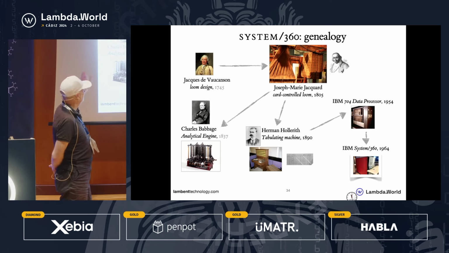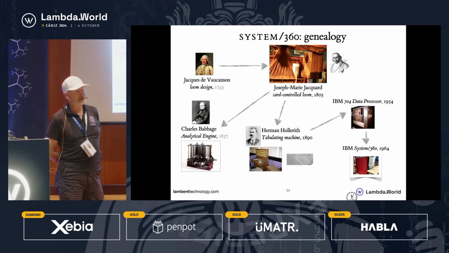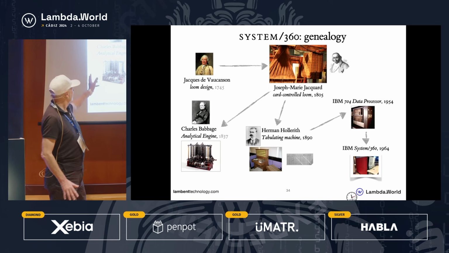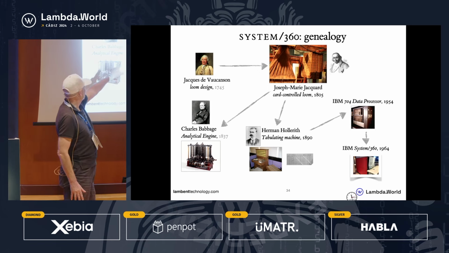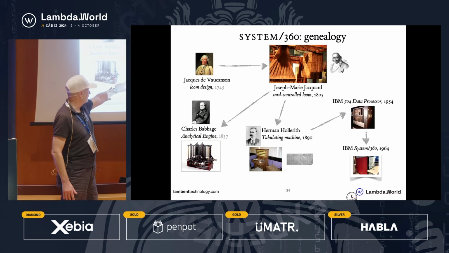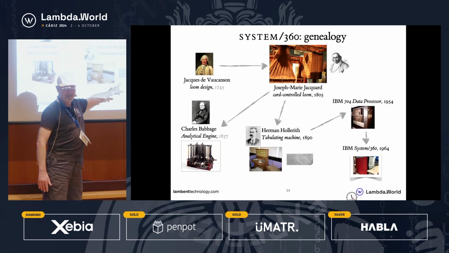It didn't get built until Joseph-Marie Jacquard in 1805 actually put the thing together and made a mechanical loom controlled by punched cards. That inspired Charles Babbage with his analytical engine, and Hermann Hollerith, who made the tabulating machines with the legendary punched cards.